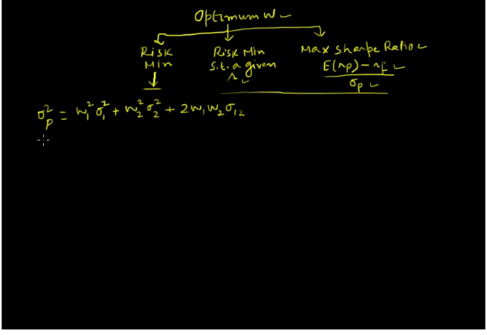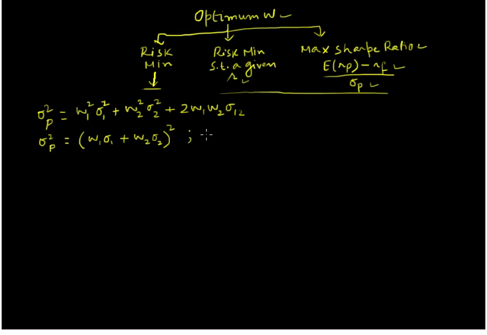We have shown in a previous video that the formula that we have written above can also be written in the (a plus b) whole squared format, which means W1 times standard deviation of 1 is going to be our A term, and W2 times standard deviation of 2 is going to be our B term.